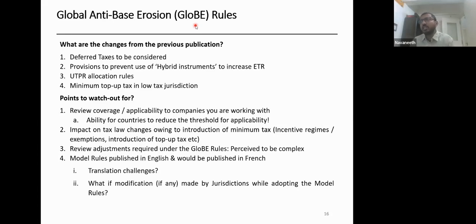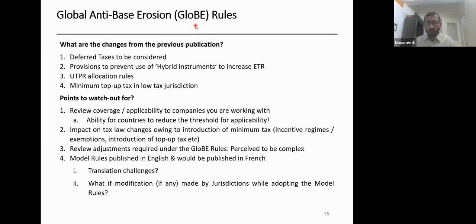They have brought in certain additional checkpoints to ensure that hybrid instruments do not result in an increase in the ETR. One of the checkpoints I talked about was the undertaxed payment rule. There are certain allocation rules or mechanisms that were contemplated in the previous draft. That has again undergone a change between the previous version and the current version.